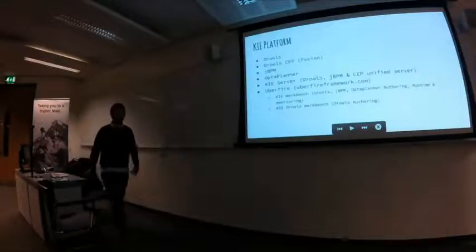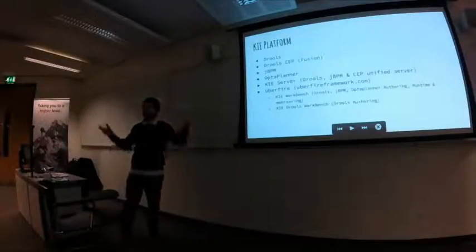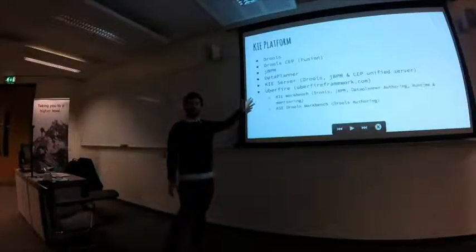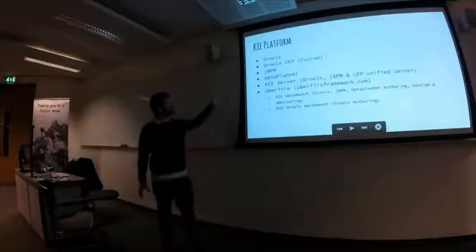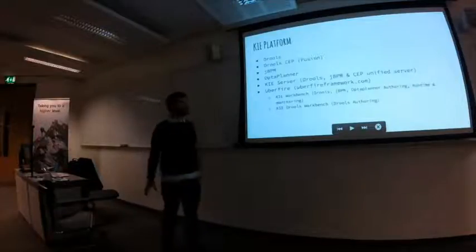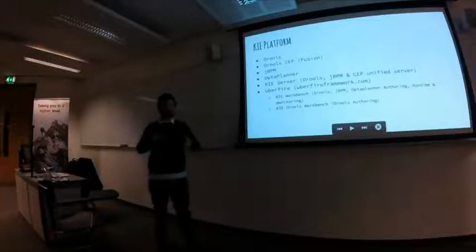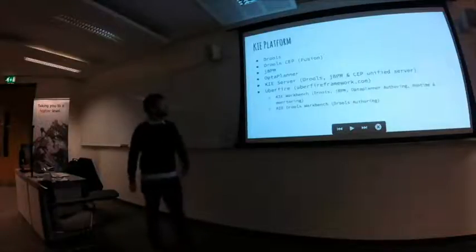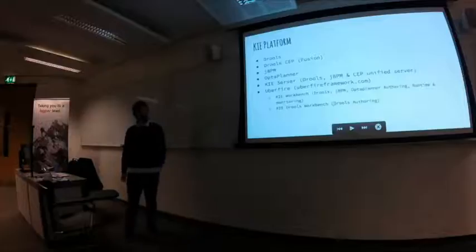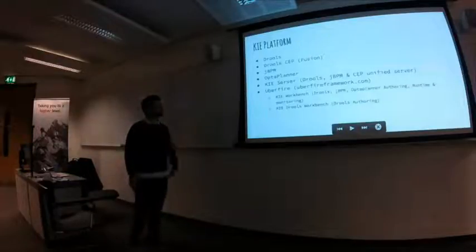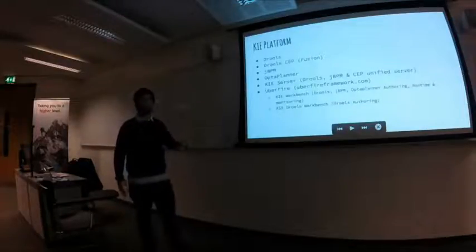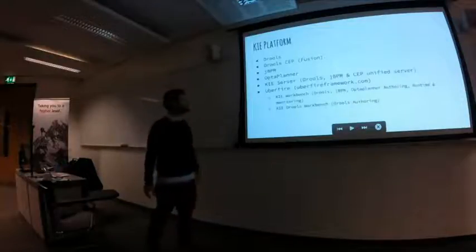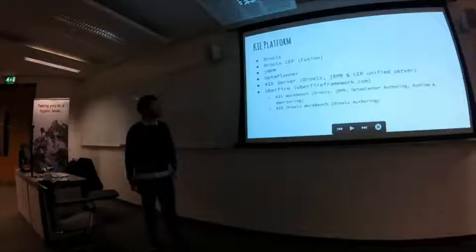jBPM is a process engine. How many of you know what a process engine is? Automated business process, which basically is another way to represent business knowledge. So instead of writing rules, which are like declarative statements, you have a more procedural form where you draw a model and it will be executed by the engine. OptaPlanner is about optimization problems, so you can write optimization problems with hard and soft constraints. That's a different topic for another talk.